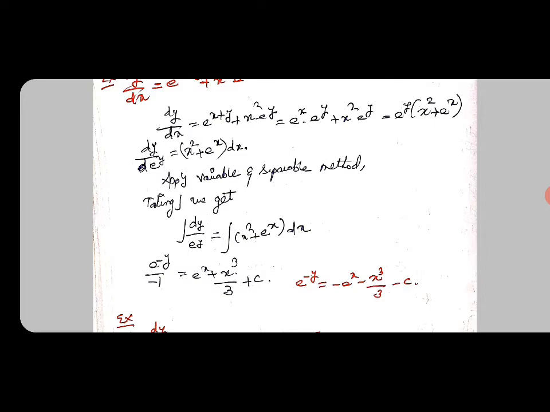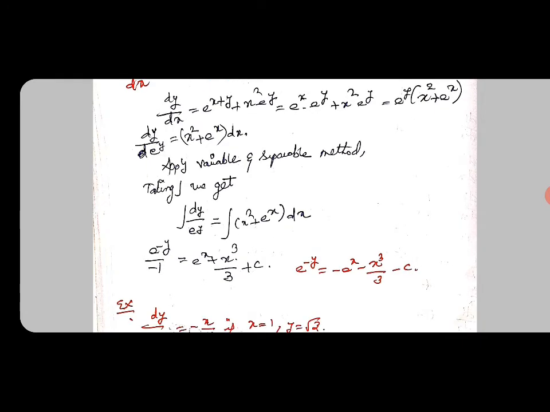Then we take the e power y to the upper part, then e power y becomes e power minus y, and then integrating we get minus 1 into e power minus y on the left, and on the right e power x plus x cube by 3 plus c. Then we multiply by minus 1, so e power minus y is equal to minus e power x minus x cube by 3 minus c.